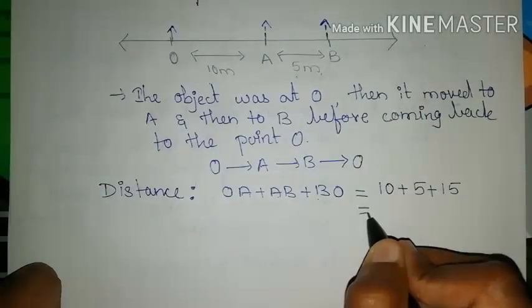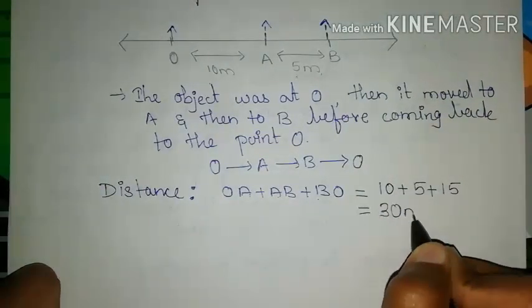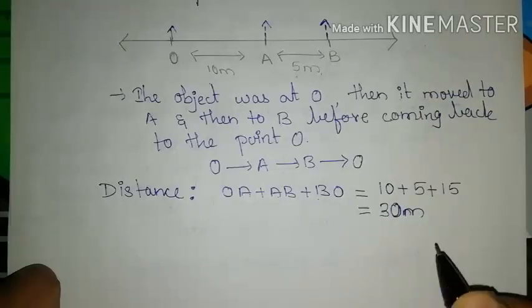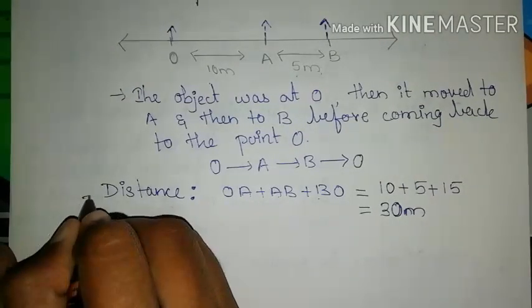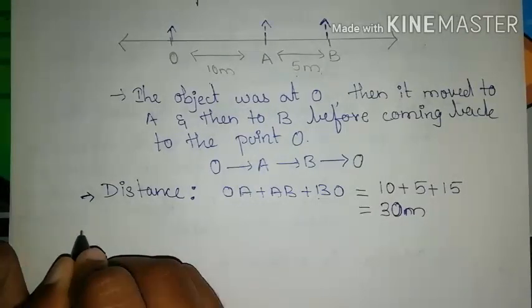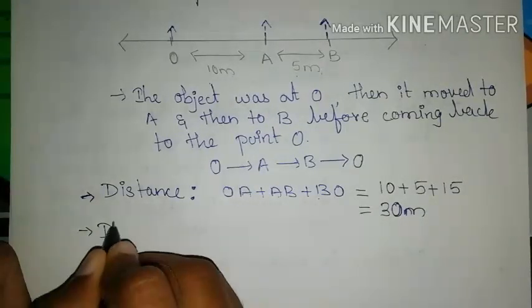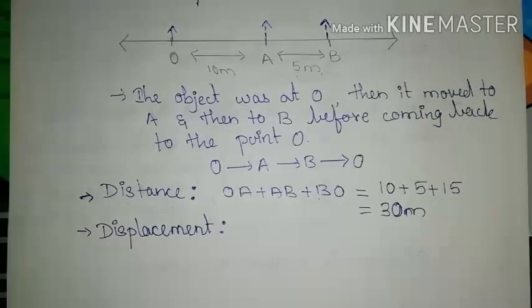So the total distance covered by the object is 30 meters. It went from O to A to B and then it came back to O. So this was the distance. When we talk about displacement, look at the initial position and the final position.